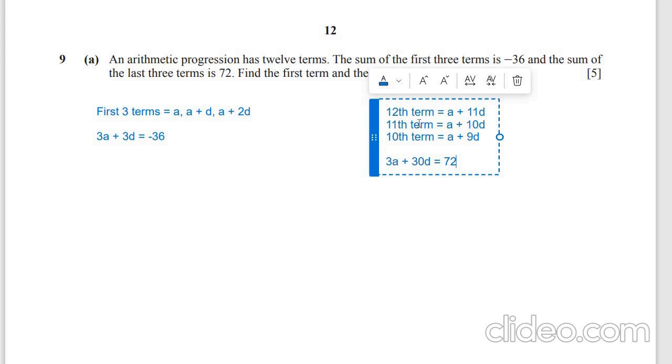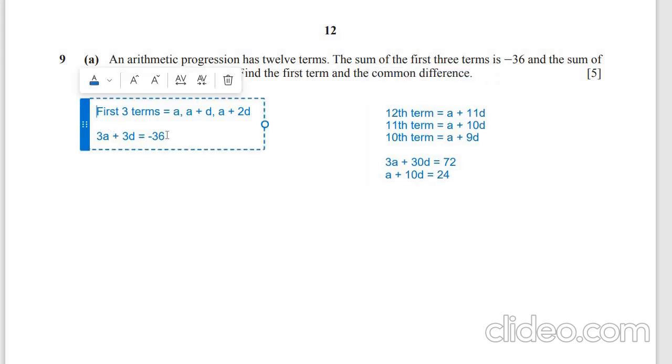So now we have these two simultaneous equations to solve. If we simplify this, this is going to be a plus 10d equals 24. That is when we divide by 3 on both sides. And here, if we divide by 3 on both sides, we get a plus d is negative 12.